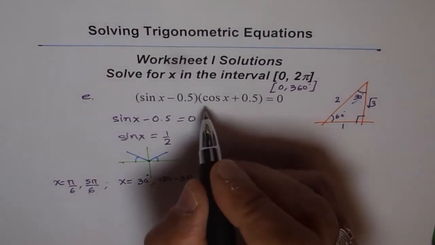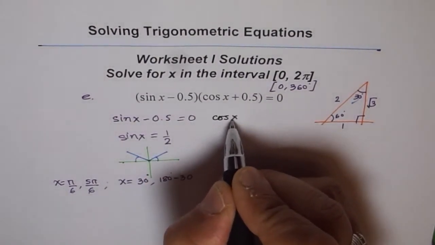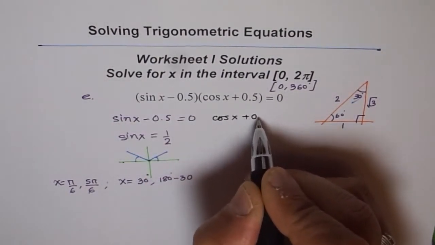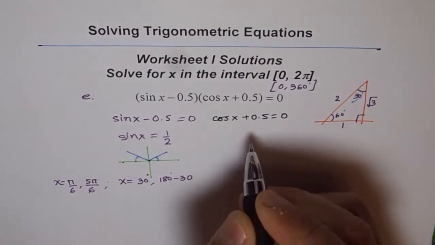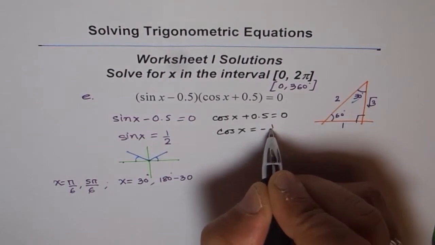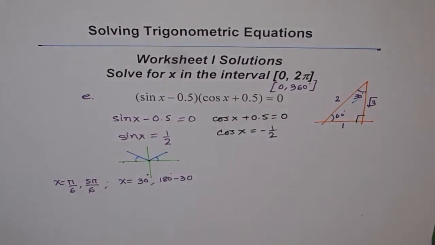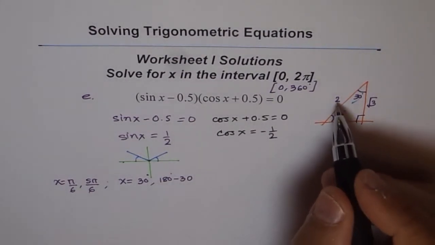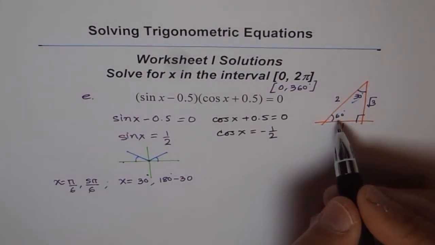The other half says cos x plus 0.5 equals 0. That means cos x equals minus half. Let me write minus half. I don't want to use calculators, and here we have half. Cos x is half for 60 degrees.